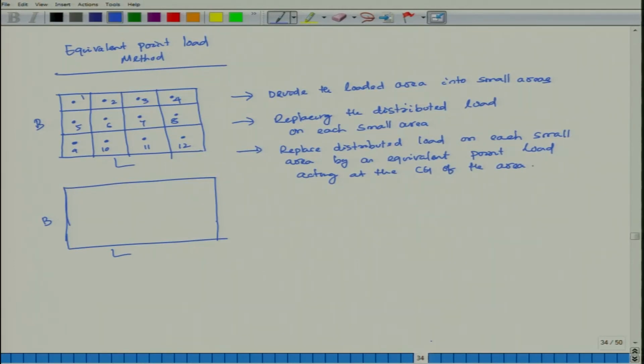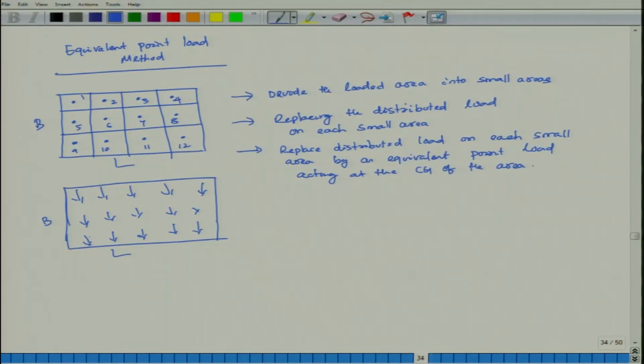Suppose this is the area, try to understand. These are all distributed load over the area. Now, you divide the entire area into small areas, and it should be equal, do not make it unequal because it will be difficult.